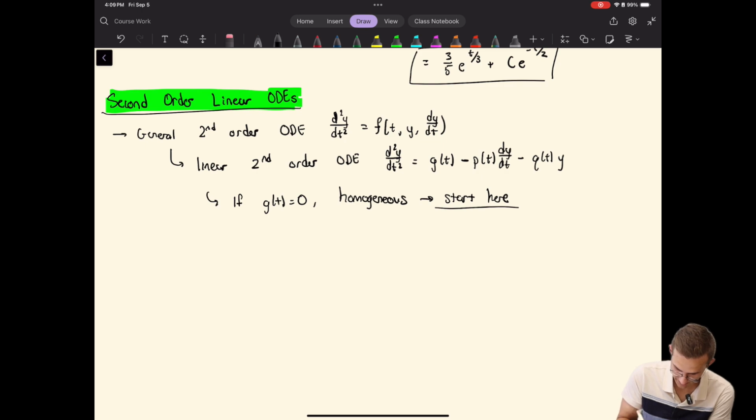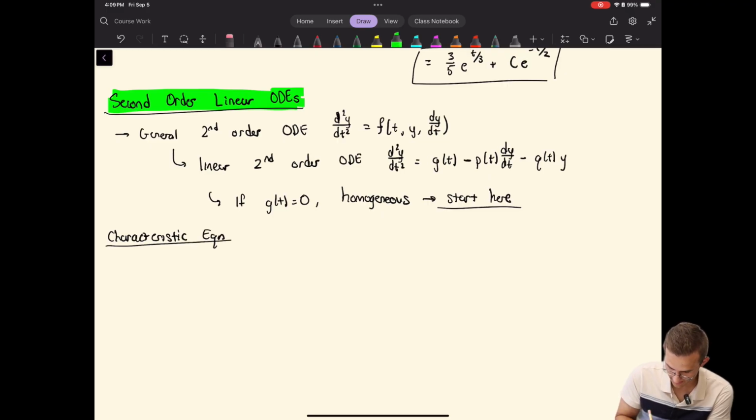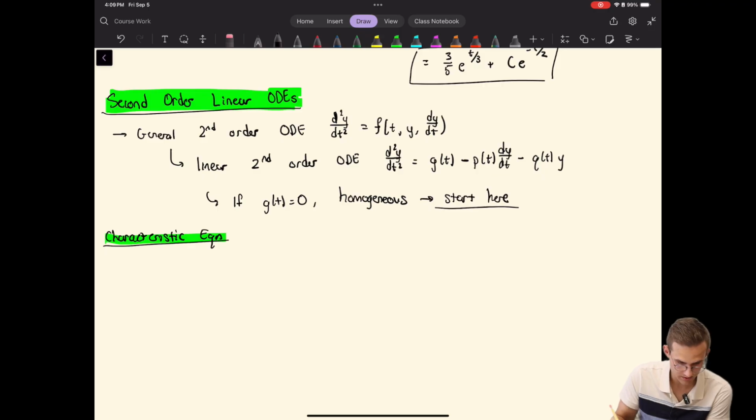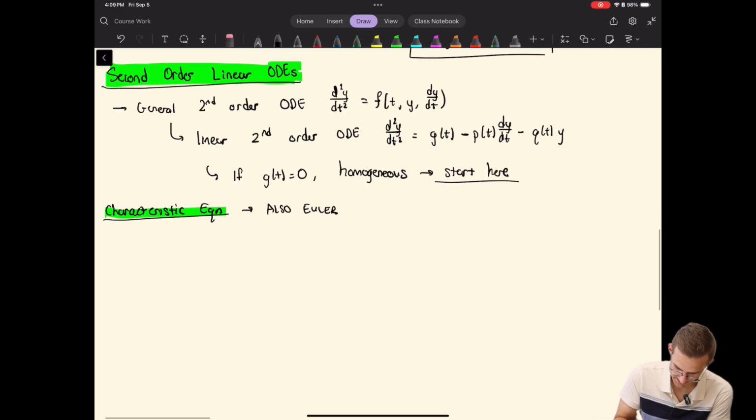And to solve that, we use the characteristic equation, which, by the way, is also due to Euler. Okay, so let's consider this general equation.